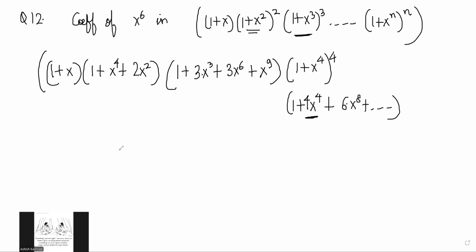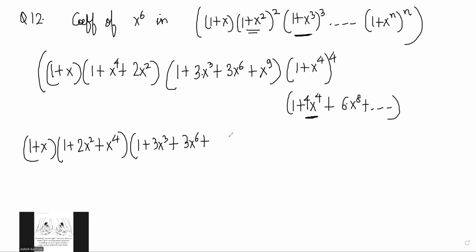Okay, so let's focus our attention here. We have 1 plus x, 1 plus 2x square plus x power 4, 1 plus 3x cube plus 3x power 6, plus we'll ignore this term.